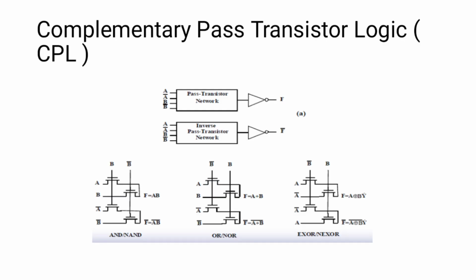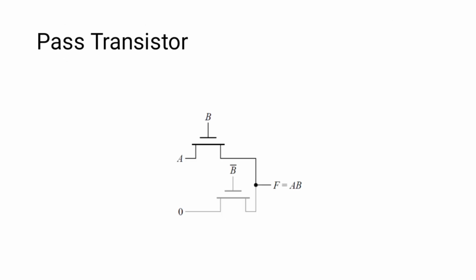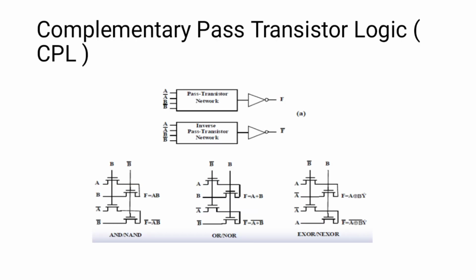Then what is complementary pass transistor logic? The pass transistor logic you have seen, if you give the negated output, automatically gives CMOS logic, right? The gate I'm making here is AB, connected with this inverter. So at the output of the AB, what am I getting? AB bar. That is the complementary pass transistor logic output.